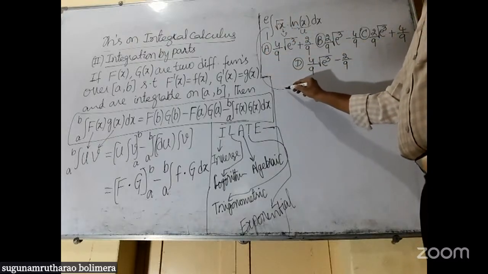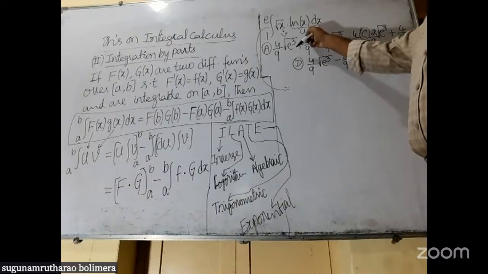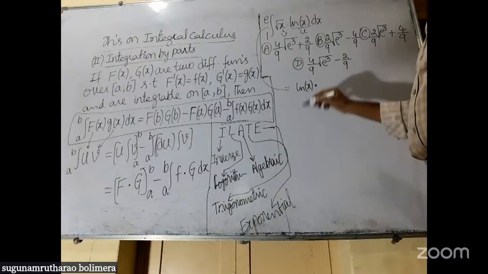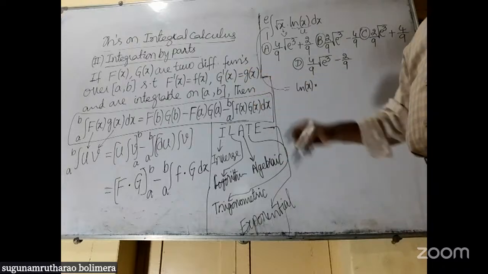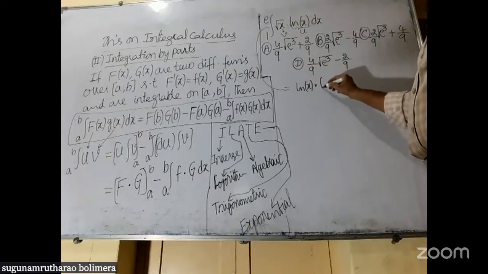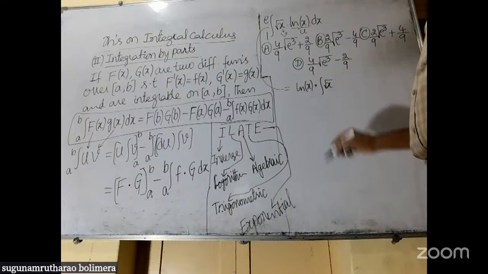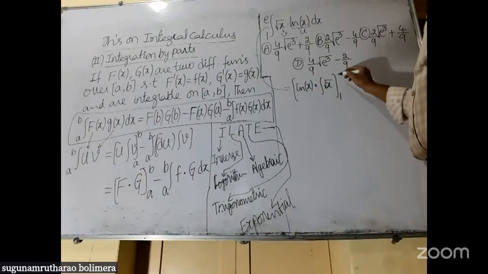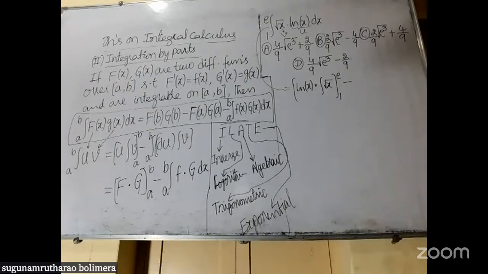So this value is equal to u into the integral of v, that is ln x into the integral of root x, with limits 1 to e, minus the integral from 1 to e of the derivative of u into the integral of v. Here the integral of root x means the integral of root x dx.